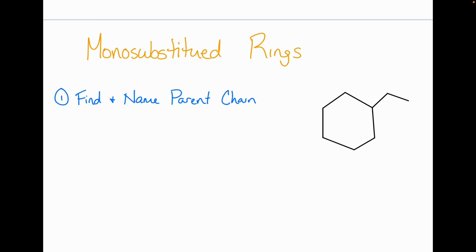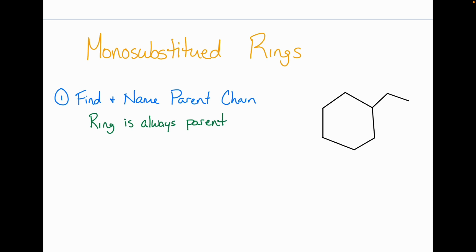When we're talking about cyclic alkanes, we have a very simple rule where the ring is always the parent. It doesn't matter if the ring has fewer carbons than the substituent. The ring is always the parent in these molecules.